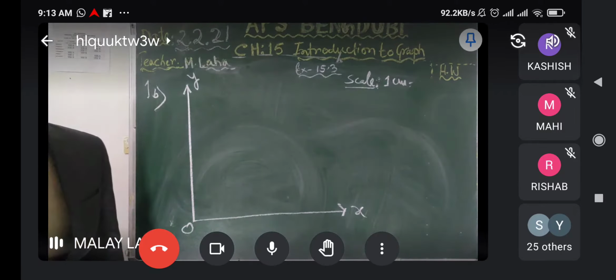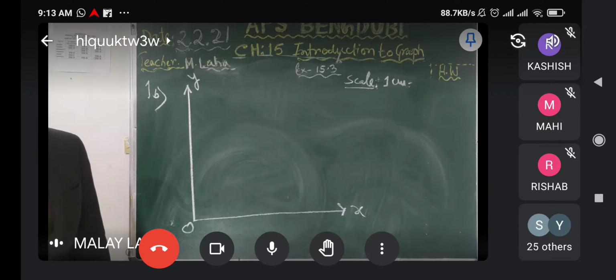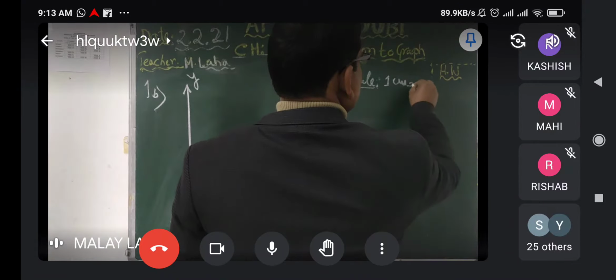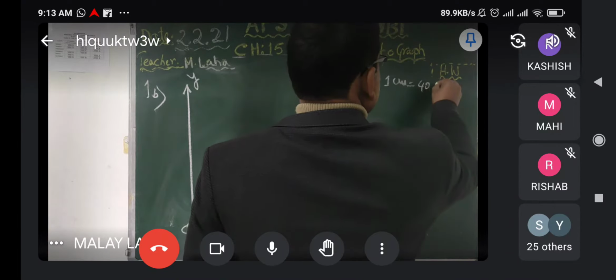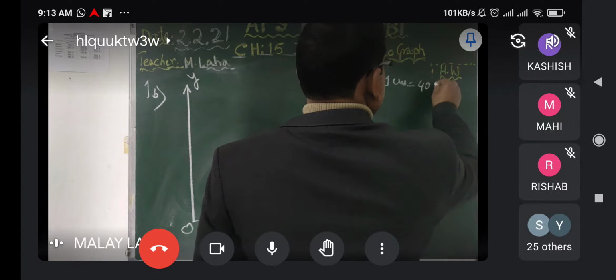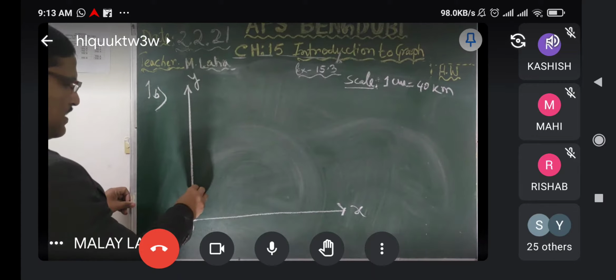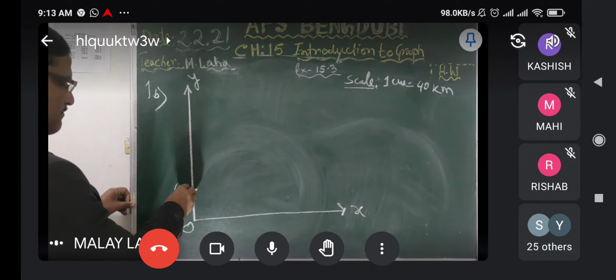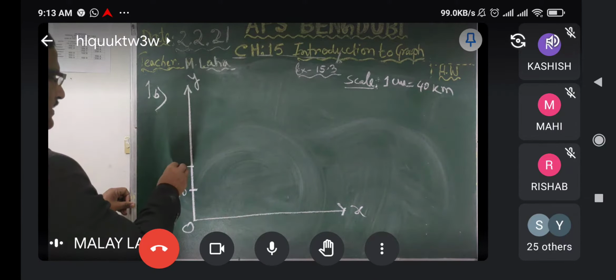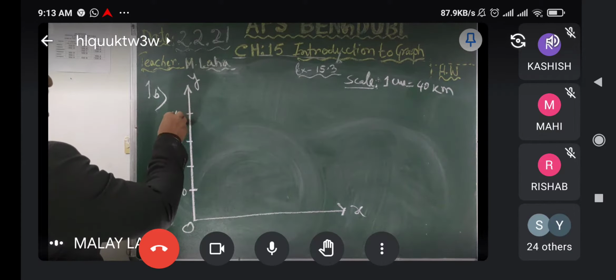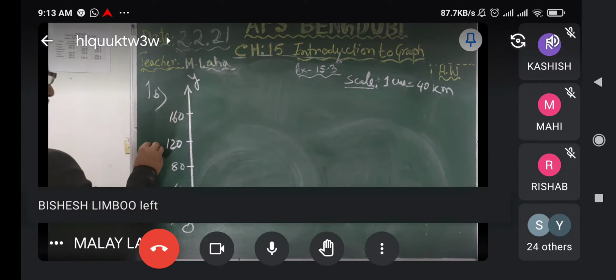So what table will you take? You will take 40 table or 20 table. Okay, take it 40 table. 1 centimeter equals 40 kilometer. Okay, now 1, that is 40, 80, 120, 160 kilometer.